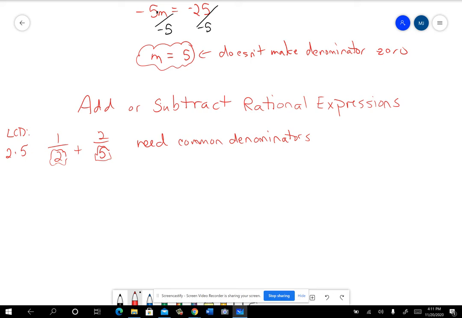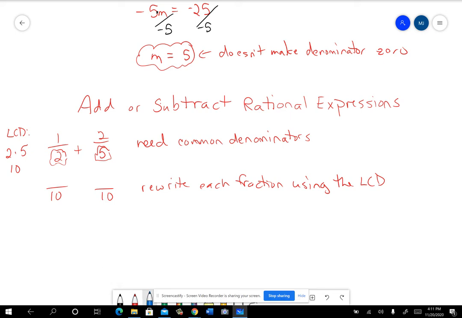So you need common denominators, and what you've got to do is use the LCD and rewrite each fraction using the LCD, making the LCD the new denominator, okay?